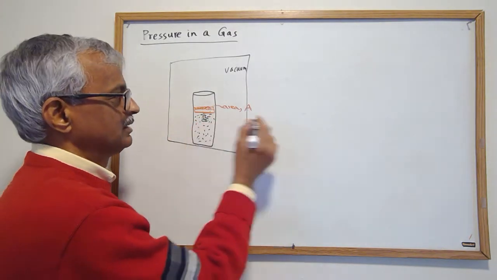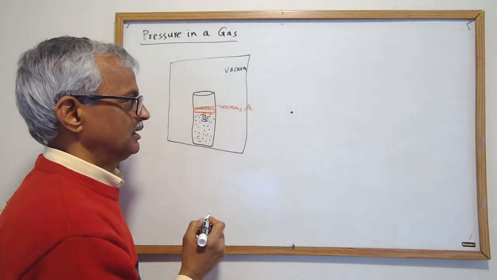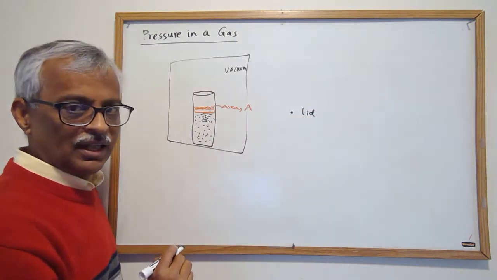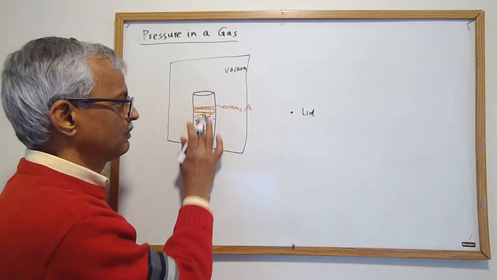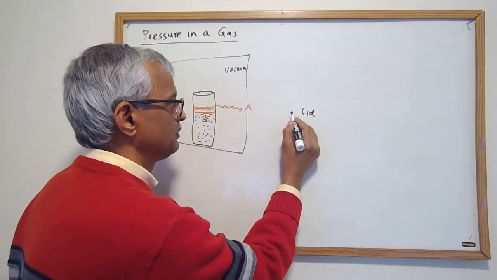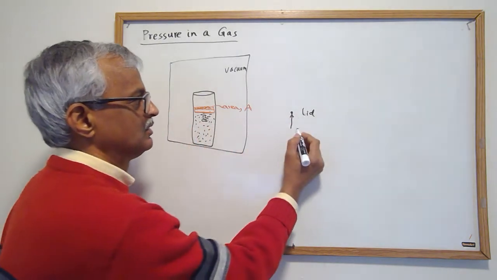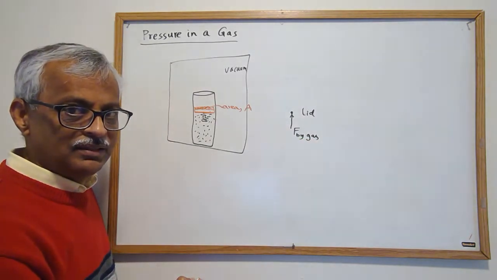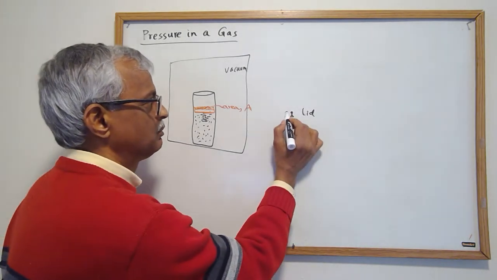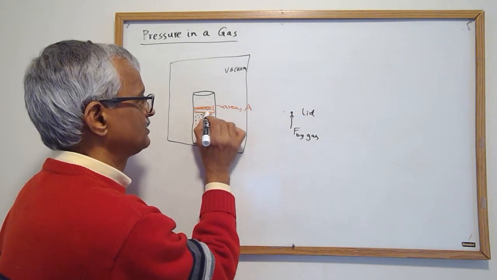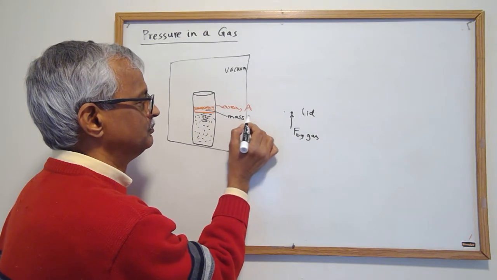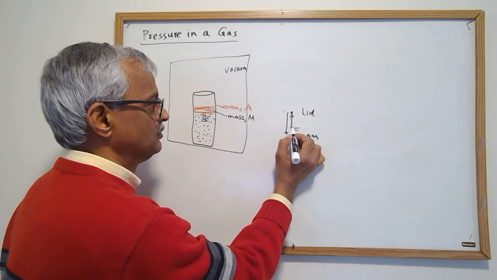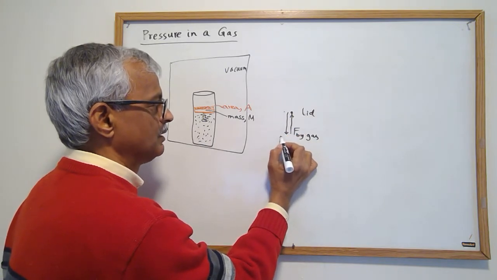So if I look at the lid, so this is the lid, and I draw free body diagrams. There will be a force from the particles of the gas, force by gas, and then there will be the weight of the lid, right? So say the lid has mass m. Then you'll have a force down, mg.